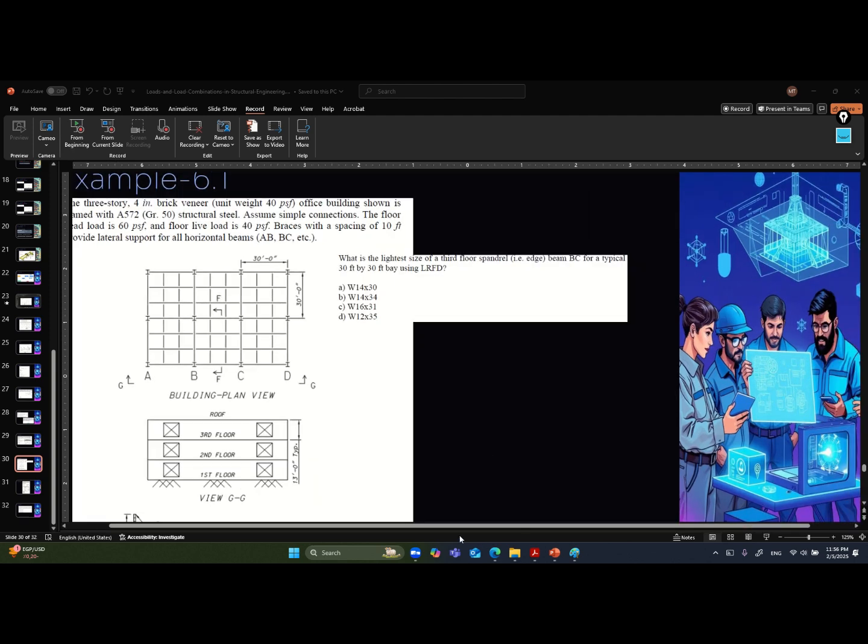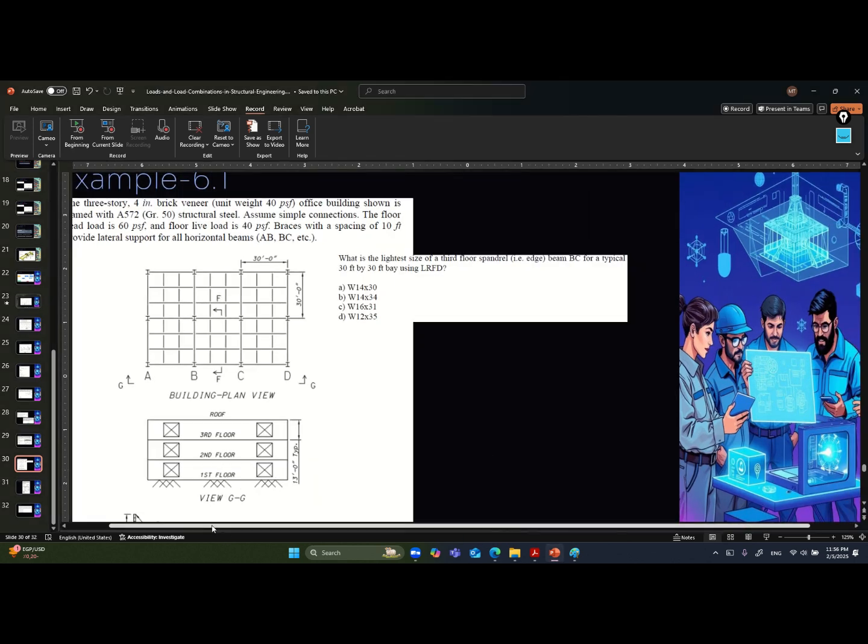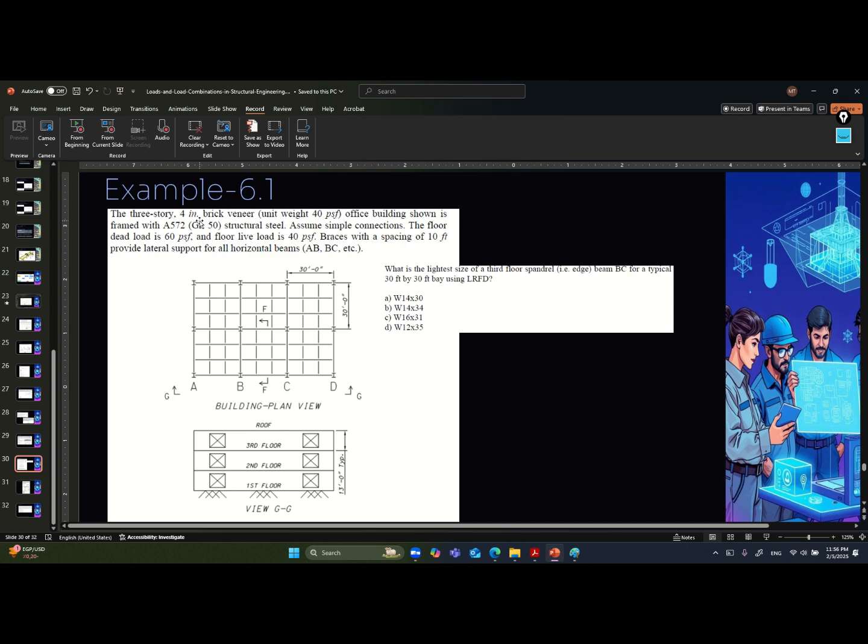He tells you in this example we have a 3-story building, so you should consider the reduction. You have a brick veneer with a unit weight of 40. It is an office building, so you can consider the live load of an office building. It is framed with structural steel. Assume simple connections, which means a simple hinged simple beam.